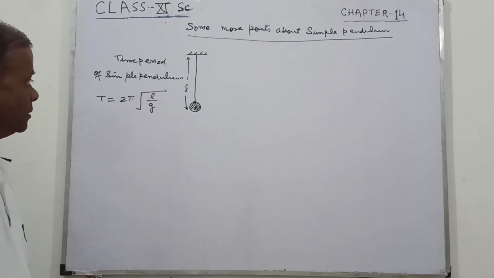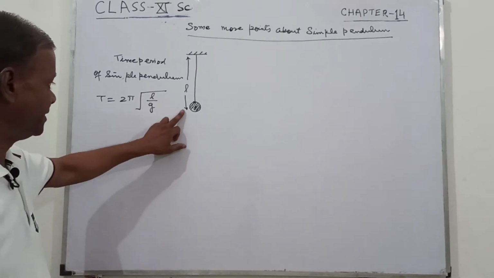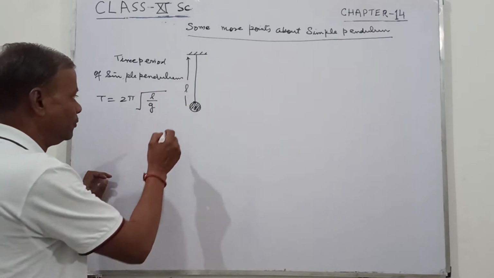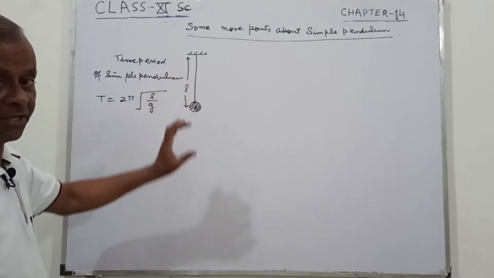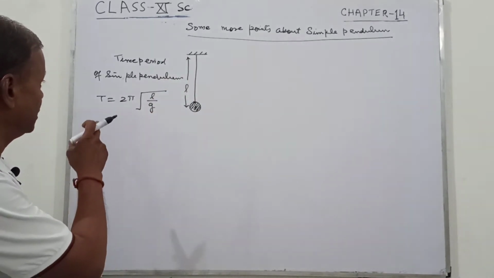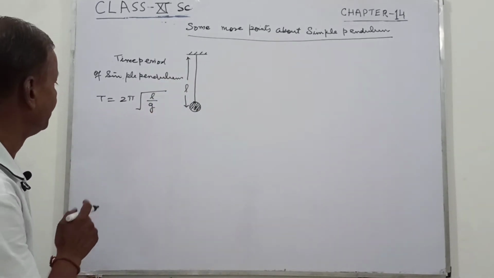Then this L is always measured from the center of the bob. So this length L plus the radius of this bob will equal the effective length. Now we take the first position here.